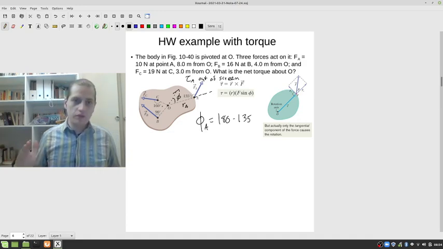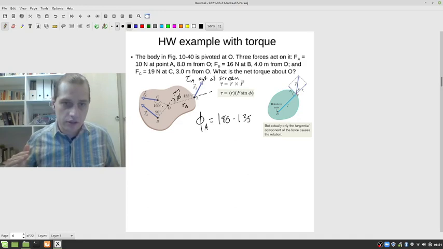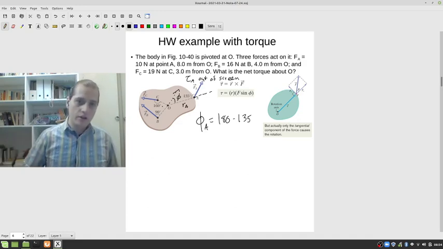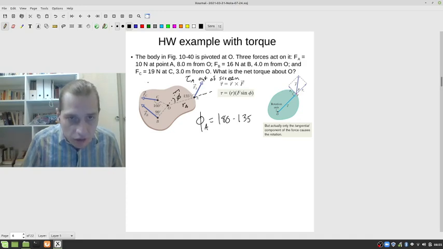Okay, do it again for TC, R cross F. It looks to me like this is also going to be out of screen.